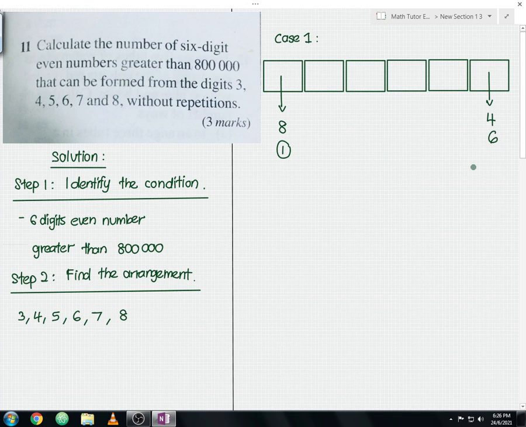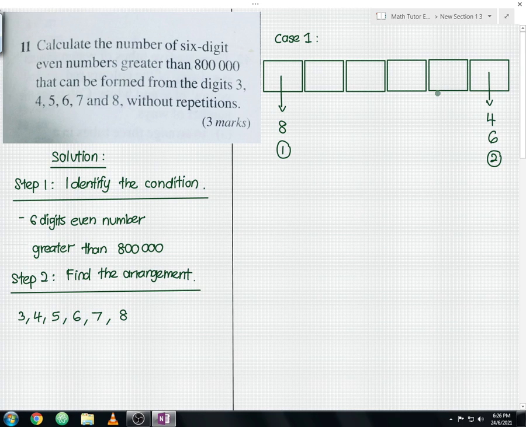We need to fulfill the condition that the number should be greater than 800,000 and at the same time it should be an even number. That's why I am proposing these possibilities to you. So the last digit you can have 2 numbers, whereas for the first digit you can only have one possible number, which is number 8. The rest you can permutate within the 4 remaining digits.